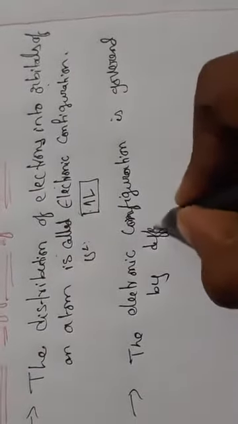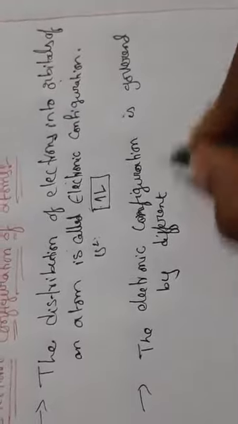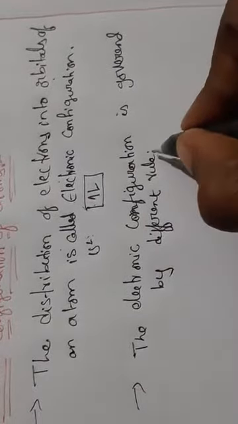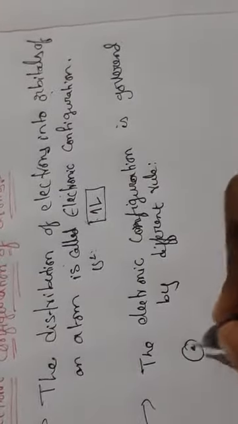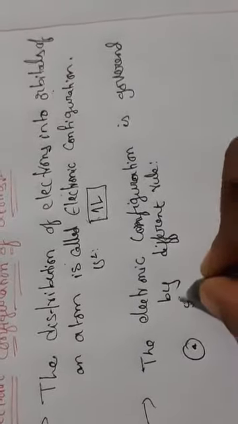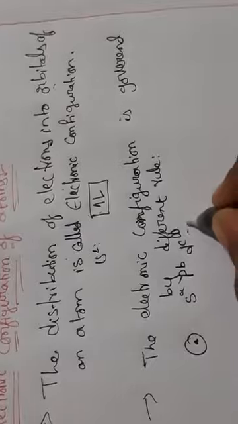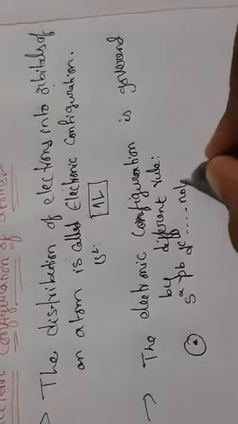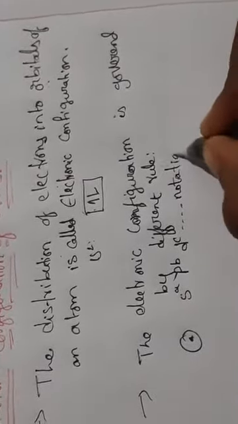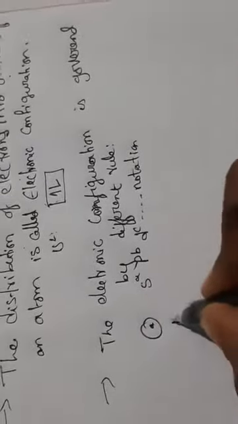So what are the different rules we can say? One is represented by s^a, p^b, d^c, and so on. Like this we are representing. Another one is drawing the orbital diagram.